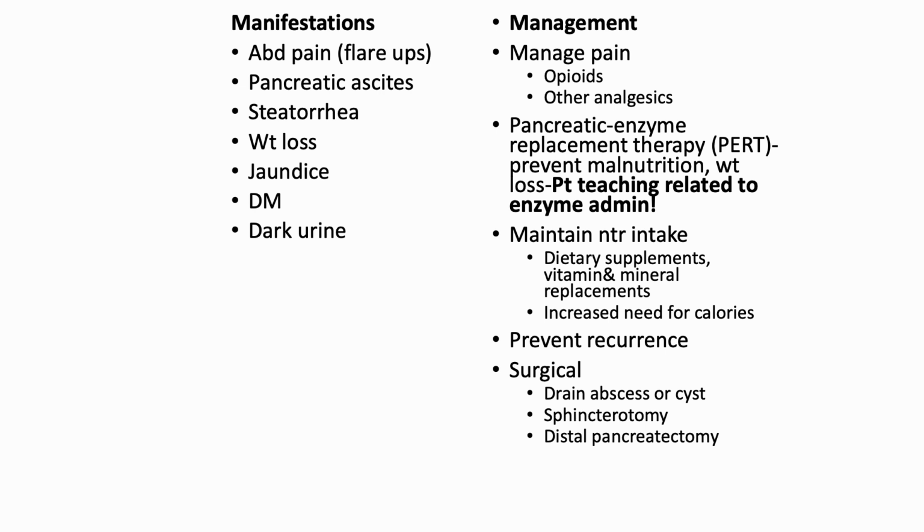They may appear jaundiced, diabetes, and again, that dark urine. And we manage the chronic almost the same as the acute as far as pain goes. Opioids, other analgesics if needed. These patients can be on long-term pancreatic enzyme replacement therapy to help prevent malnutrition and weight loss.